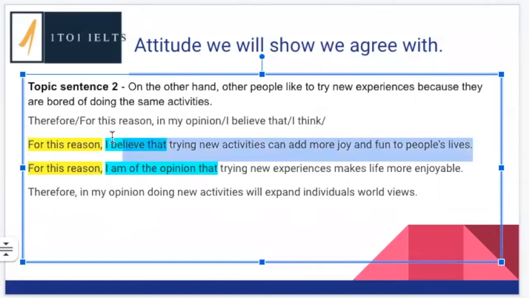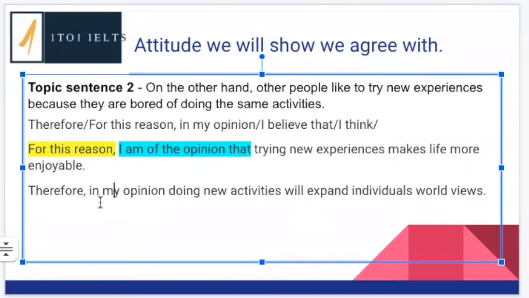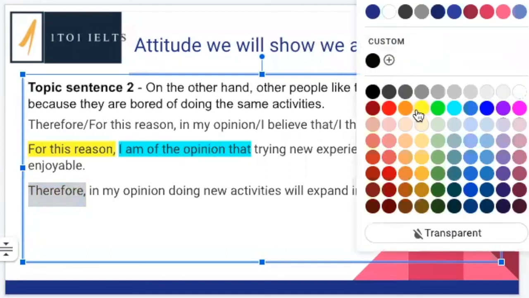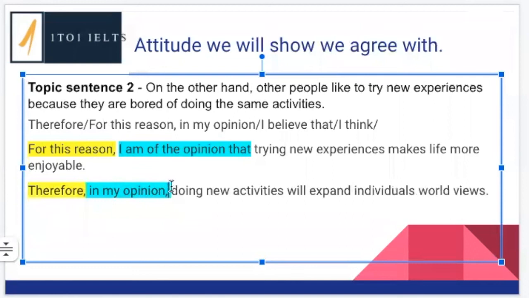Get rid of one of these so we have a bit more space. "Therefore", good. "In my opinion", good. After "in my opinion", we put a comma. So remember, anytime you start a sentence with a prepositional phrase, say "in my opinion" is a prepositional phrase because it starts with a preposition, we always have a comma.